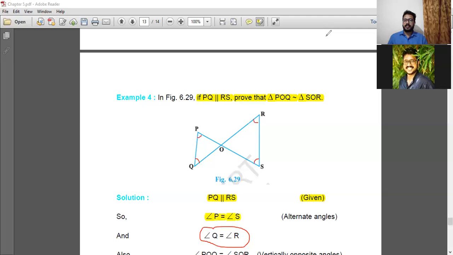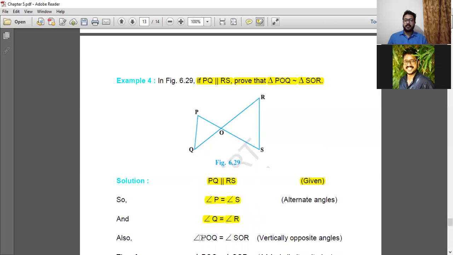Now, angle POQ is equal to angle SOR, because vertically opposite angles are equal. So we have seen that the angles of triangle POQ are equal to the corresponding angles of triangle SOR. So by using the AAA similarity criterion, we can say that these two triangles are similar.